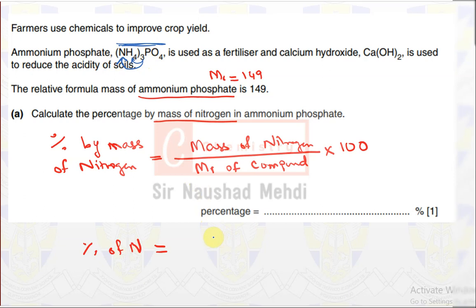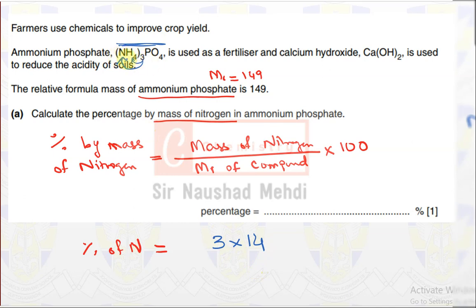So there are 3 nitrogen atoms, and if you check the periodic table, the Ar of nitrogen is 14. So for 1 atom it's 14, and for 3 atoms it would be 14 multiplied by 3. This is the mass of nitrogen. I am repeating it: the mass of the nitrogen is calculated by looking at the atoms of nitrogen.